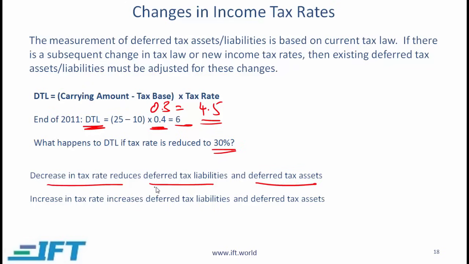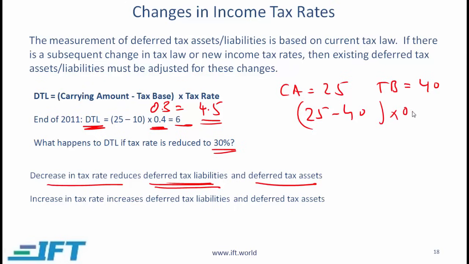The example that we just did illustrated deferred tax liabilities. With deferred tax assets, the way you can think of it is as follows. You have a deferred tax asset if, for example, the carrying amount is less than the tax base. If we have a carrying amount which is equal to 25 and a tax base which is equal to 40, then essentially you will have the following: 25 minus 40 into 0.4.